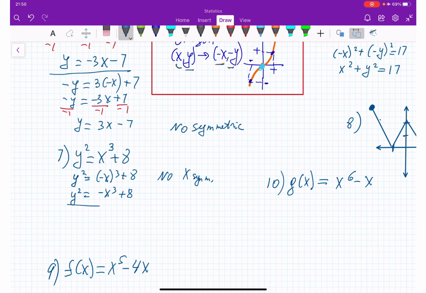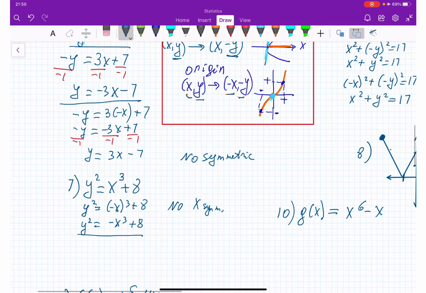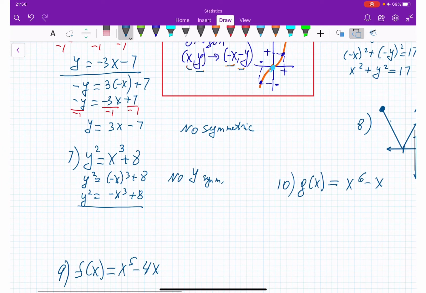Next, checking x symmetry. I have to plug negative y because y is changing, right? So if I plug negative y to power 2, it is equal to x cubed plus 8.